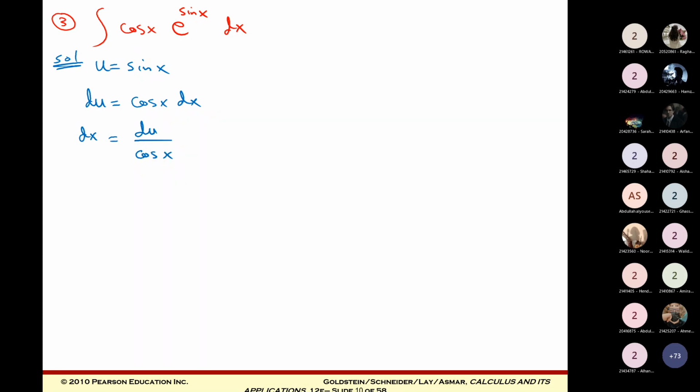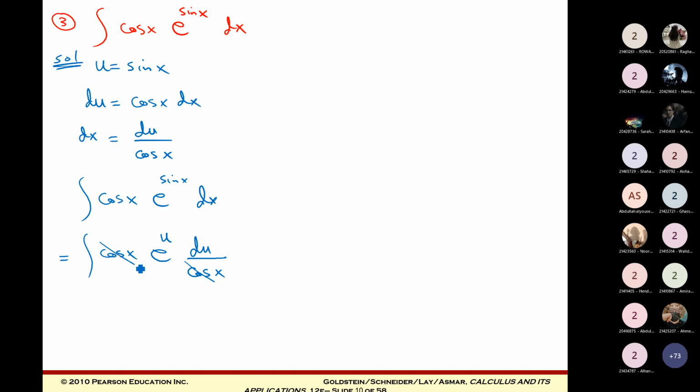Returning to the integral and substituting the two values, we have e to the power u, where sine x is replaced with u, and dx equals du over cosine x.